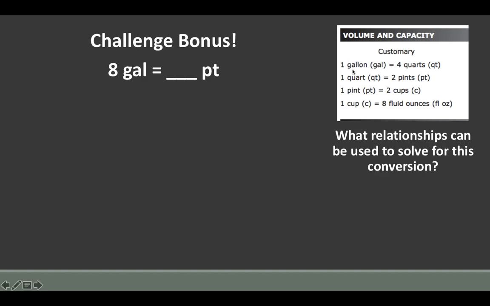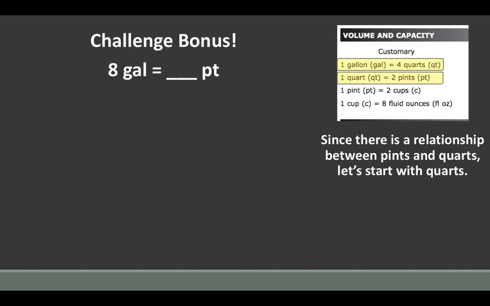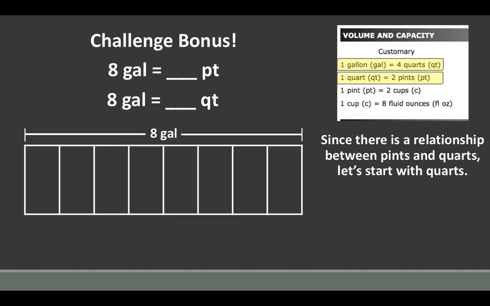Because we have gallons to quarts, and then we have quarts to pints. So it looks like we're going to have to be a little tricky with this. Since there is a relationship between pints and quarts, let's start with quarts. We first need to figure out how many gallons are in quarts.